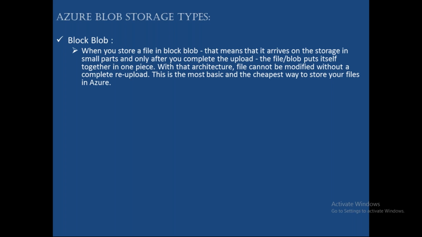Let's imagine we have a 120 MB movie file. If you divide 120 MB by 4, you will get 30 blocks. So this movie file will be uploaded in 30 blocks. If any block upload fails, the entire file upload will fail. Only if all the blocks are uploaded successfully can you say the entire file is uploaded successfully.